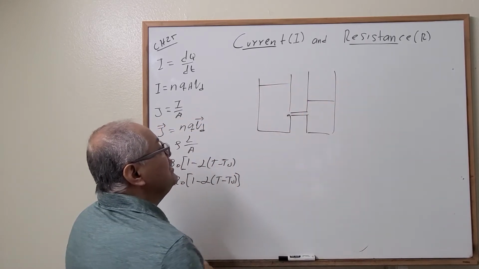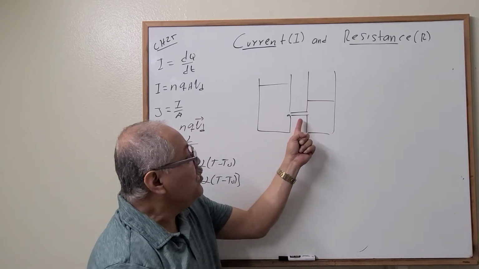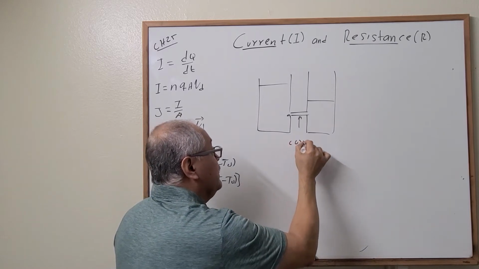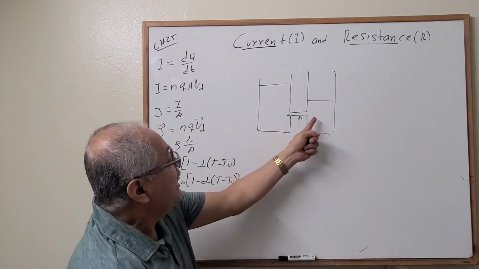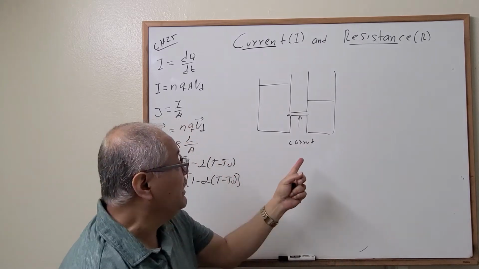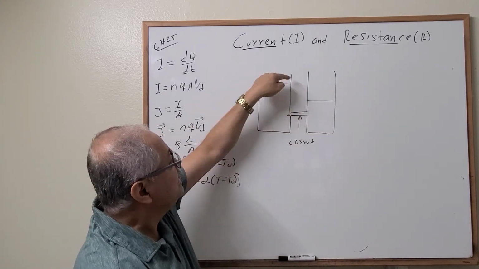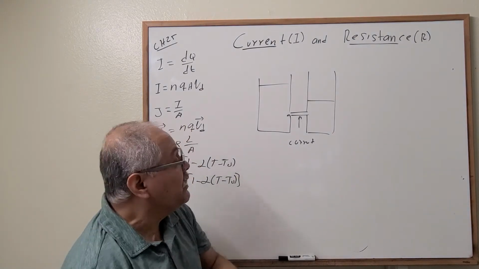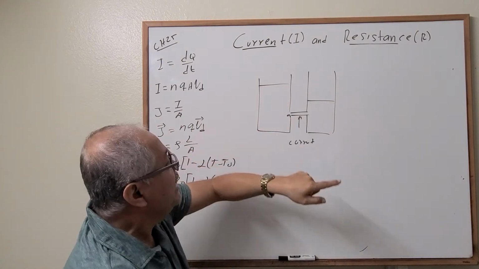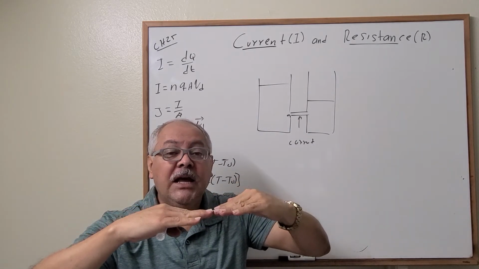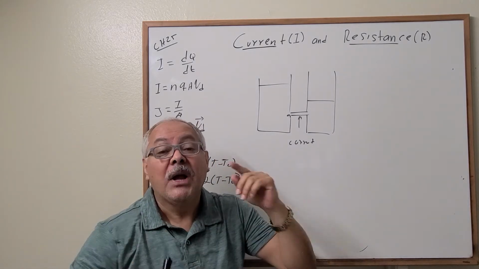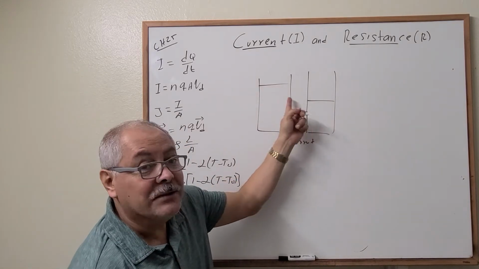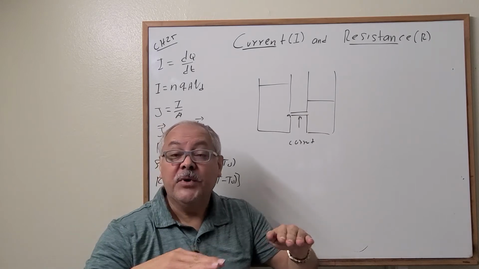Because there is a difference in pressure, we have a current through this pipe. The speed of how much current goes through this pipe depends on the difference in pressure. After a while, if we keep this pipe open, they reach an equilibrium and there is no more current. So we have current, in this case of water, if there is a difference in pressure. If there's no difference in pressure, the current is zero.